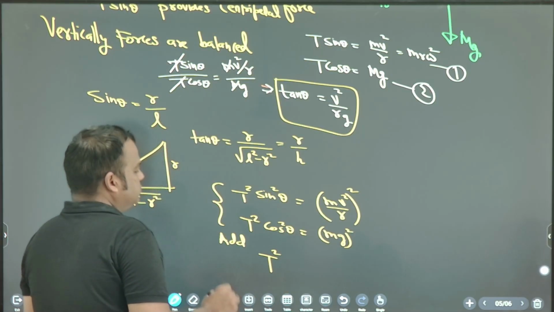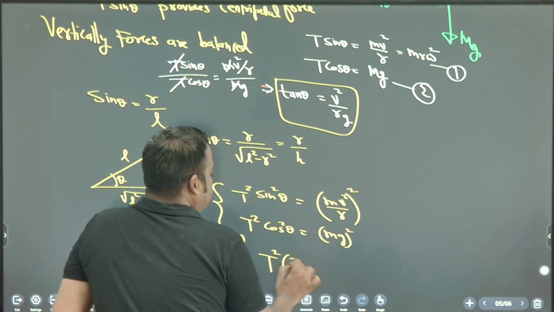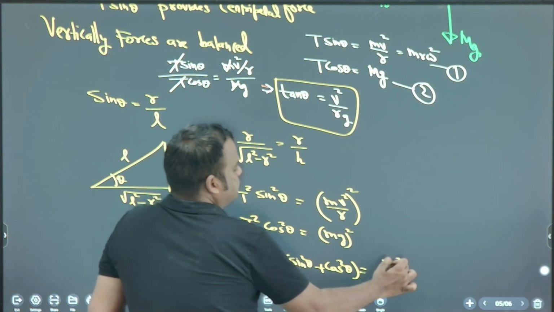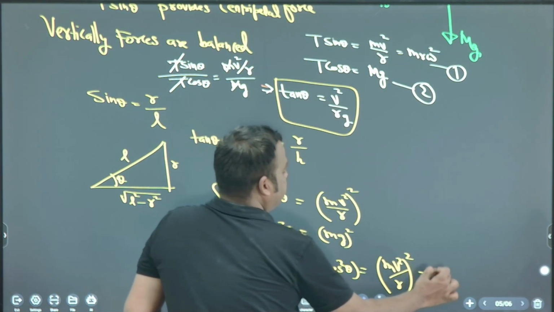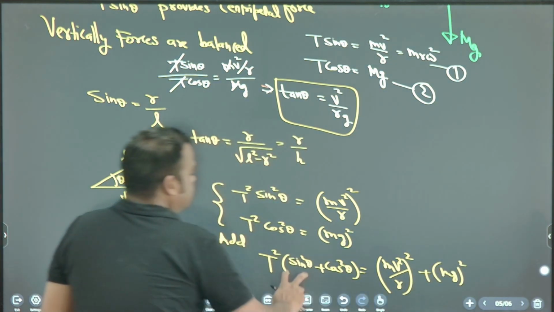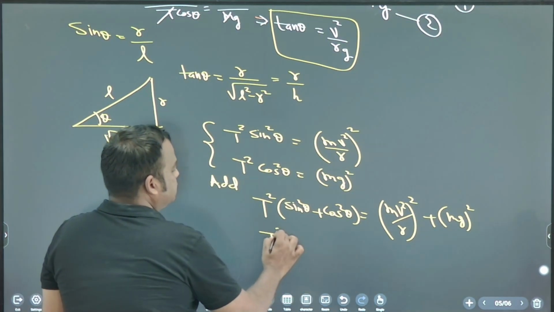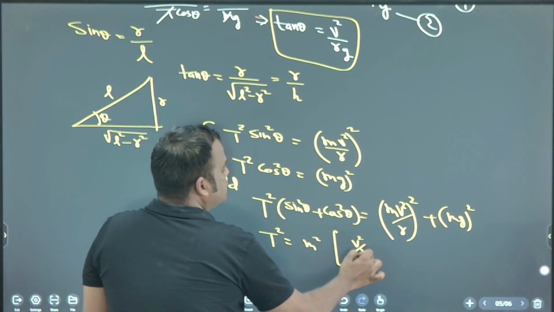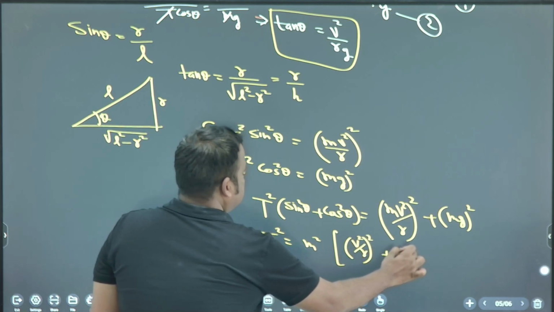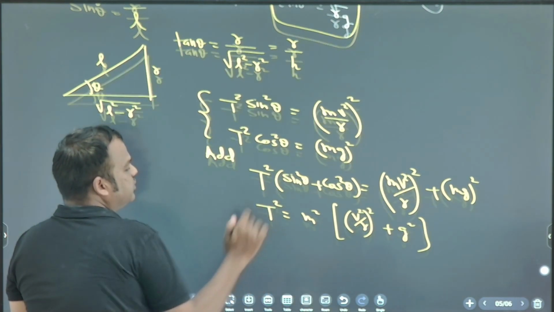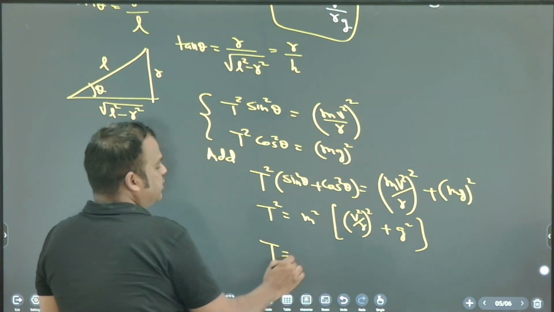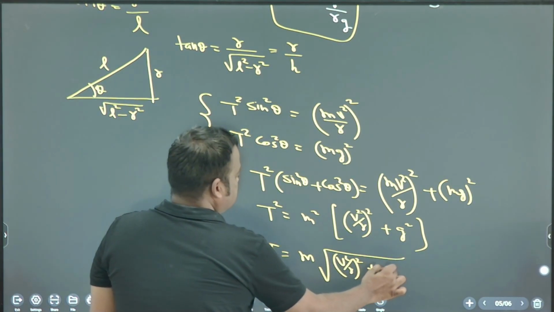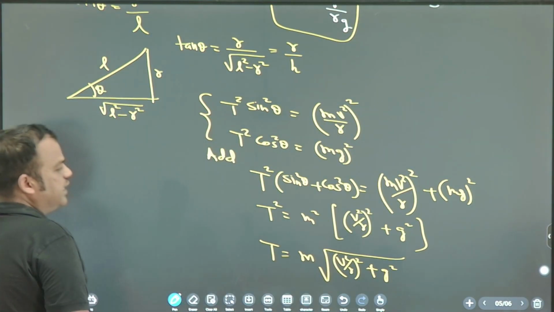T square into, correct, sin square theta plus cos square theta will be 1. mv square by r whole square plus mg whole square. So T square, now take m square common. V square by r whole square plus g square. Now take the square root. So T is equal to m times square root of v square by r whole square plus g square. Okay, this is the tension value.